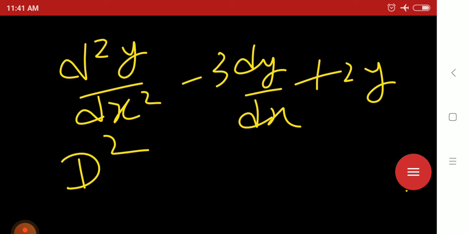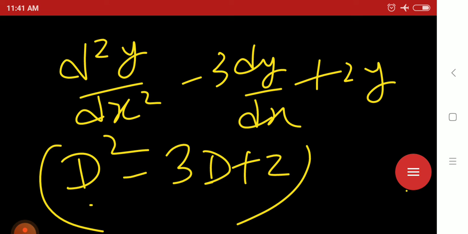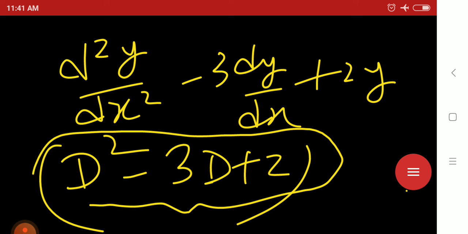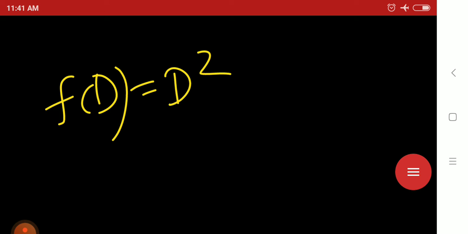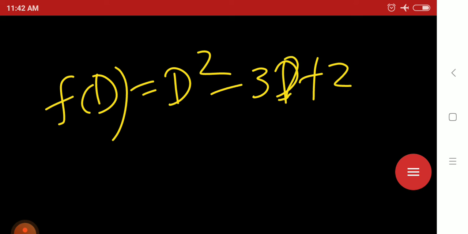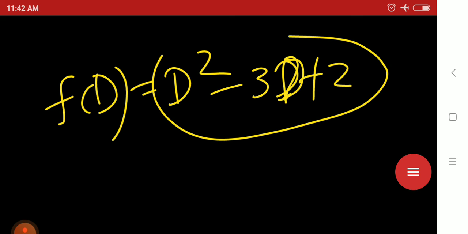You can write it in the D operator format, D square minus 3D plus 2, where D equals d by dx and D square equals d2 by dx square. So f of D equals D square minus 3D plus 2.